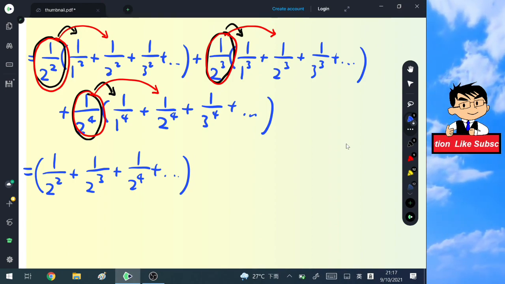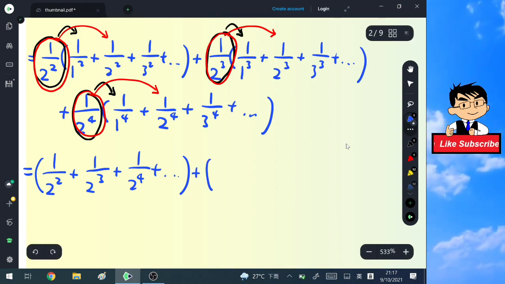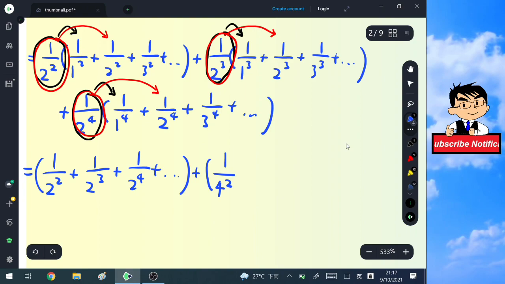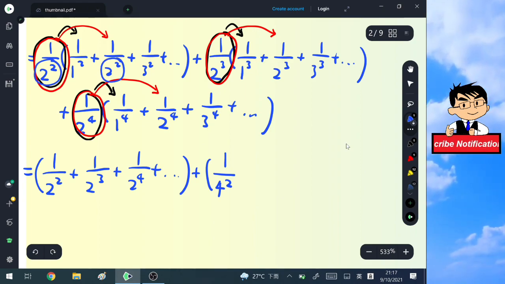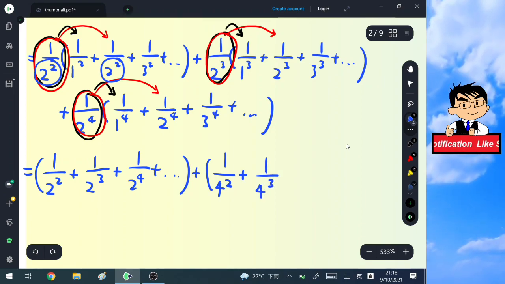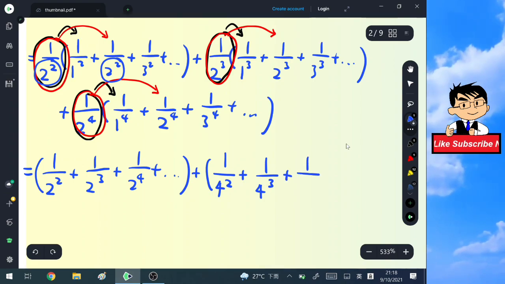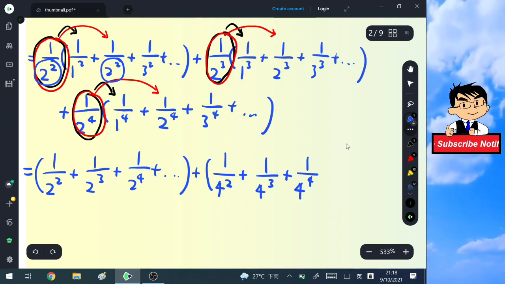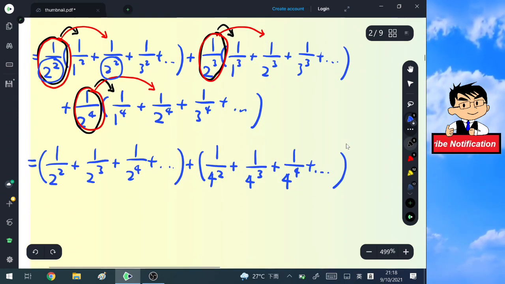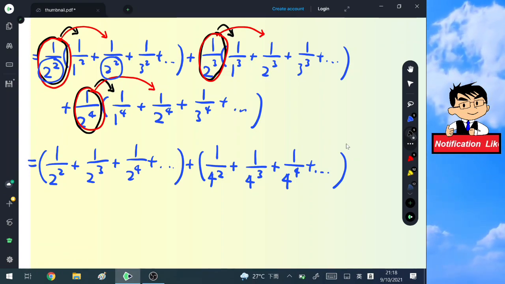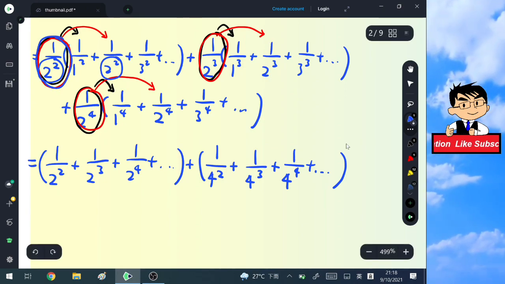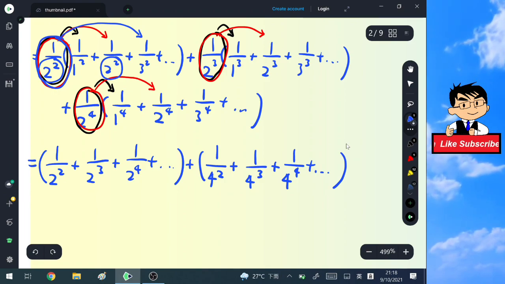And so we can express them as 1 over 4 squared, because we have 2 squared multiplied by 2 squared, plus 1 over 4 cubed, and then we have the third term, 1 over 4 to the power of 4, plus dot dot dot to infinity. And let's see what the third sum is about. We can see that the first term is 1 over 2 squared multiplied into 1 over 3 squared.